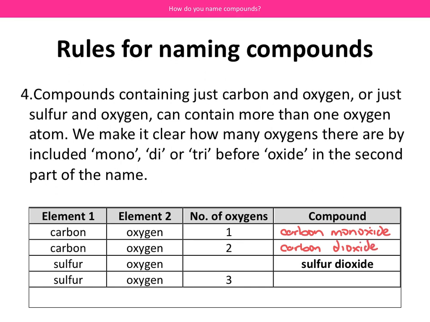When we look at sulfur and oxygen, and we've got sulfur dioxide as the final name, that tells us we must have had 2 oxygens. And then when we look at sulfur and oxygen with 3 oxygens, that's got to be sulfur trioxide. So this is only relevant at the moment when you've got oxygen and carbon only in our different compounds, or sulfur and oxygen only.